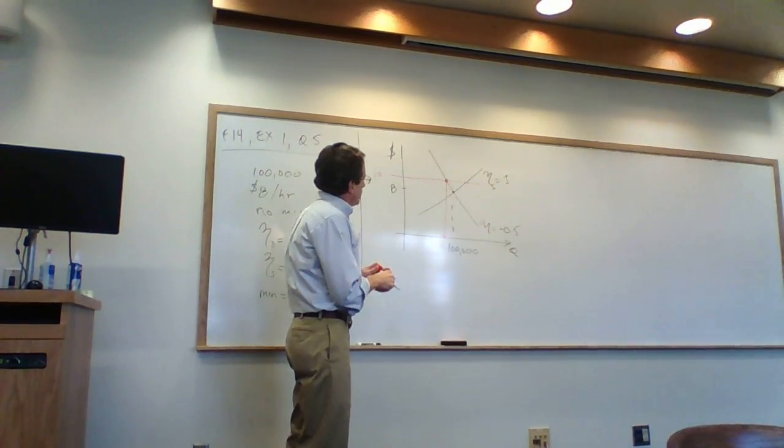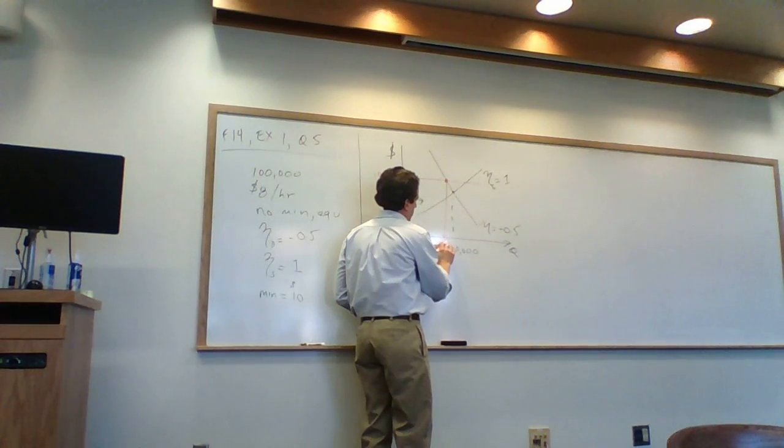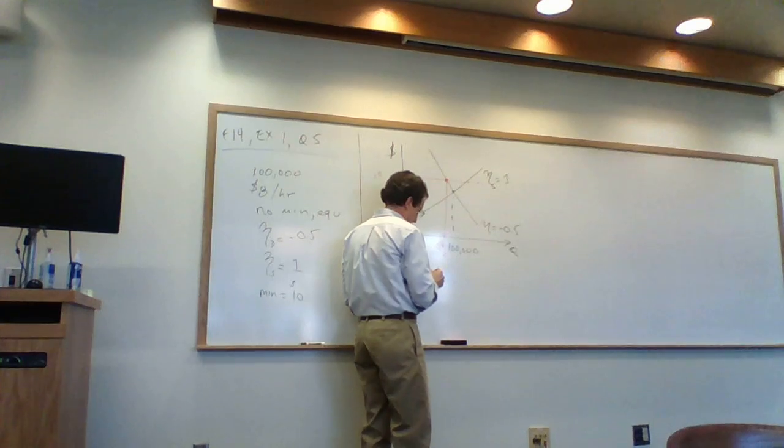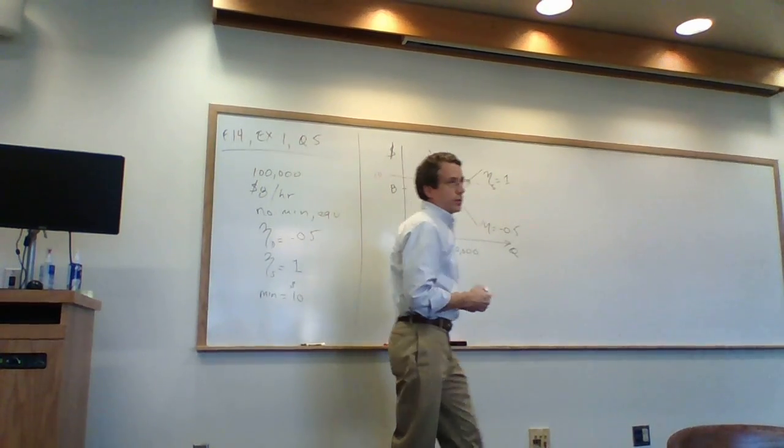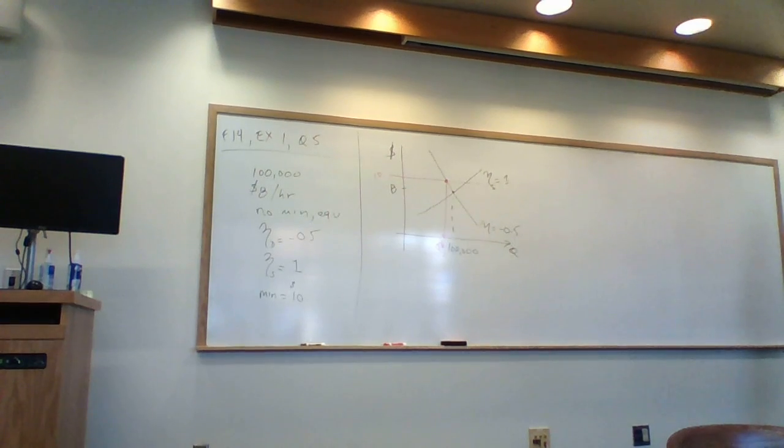Okay, so the next step is to figure out what Q2 is. We figured out that there's going to be a reduction, and we just need to find out what Q2 is.